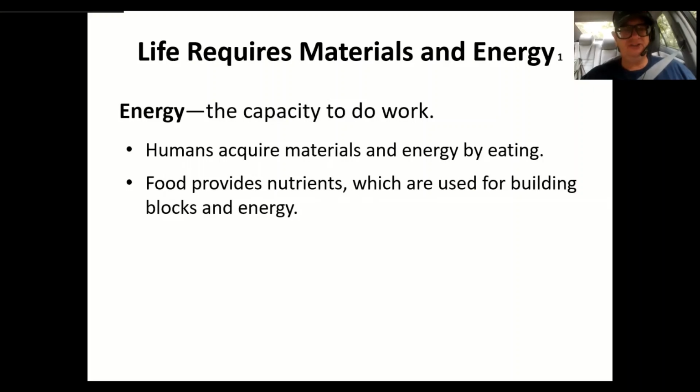And that requires energy. So we get our energy, we are what we call a heterotroph. We get our energy by eating, okay? Hetero means not the same as yourself, and troph is what you eat. So heterotrophs are things that eat other organisms to survive. That's you, me, that's a lot of things.